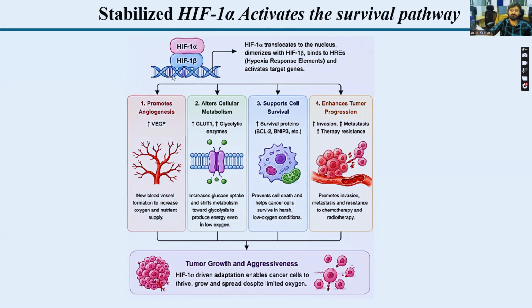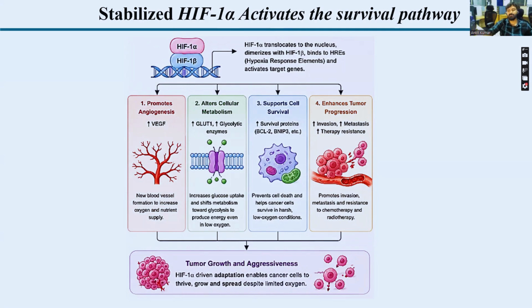And now this transcription complex enters inside the nucleus, and then it binds to a specific sequence of the DNA, and that is called the HRE, hypoxia responsive element. And that basically promotes angiogenesis, that is VEGF expression, the VEGF overexpression.